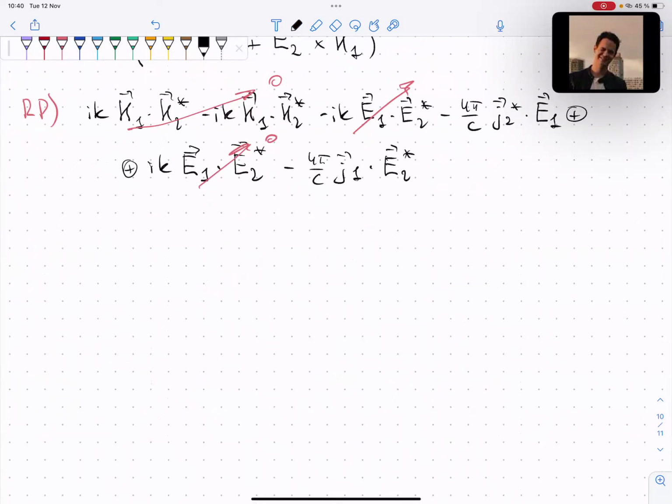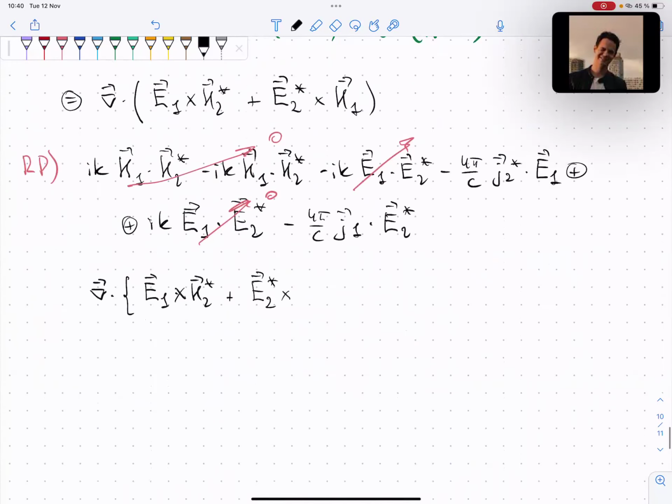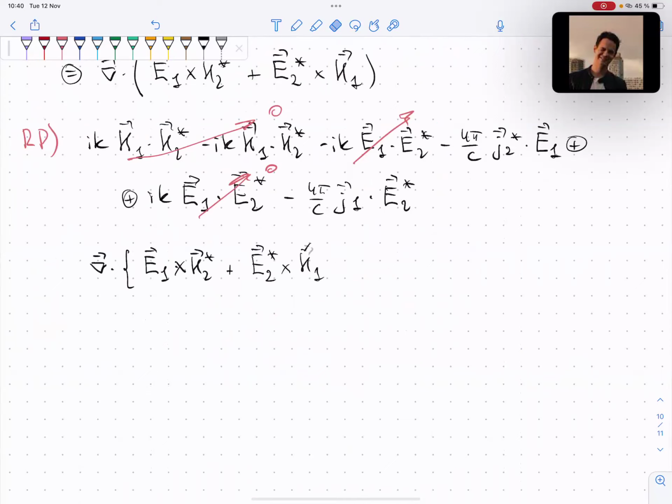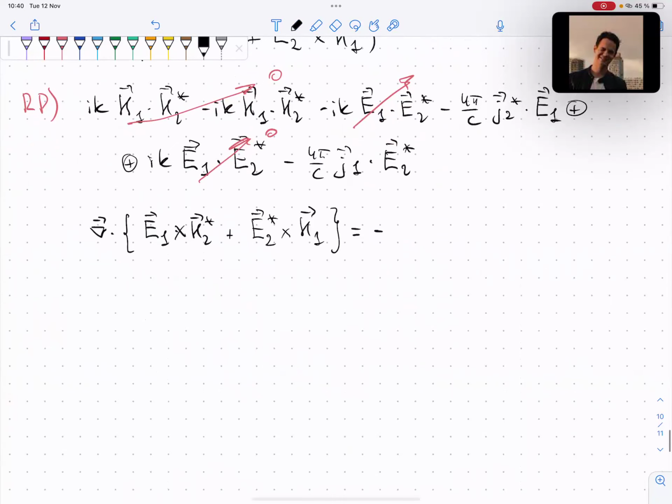So in the end, we have the following expression. We have the divergence of E1 times H2 conjugated plus E2 conjugated times H1, and this equals minus 4π over c, J1 times E2 conjugated plus J2 conjugated times E1.